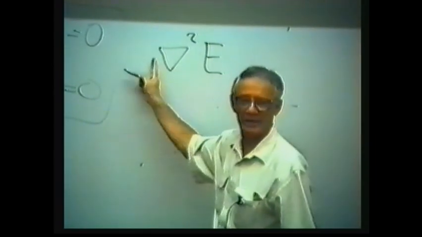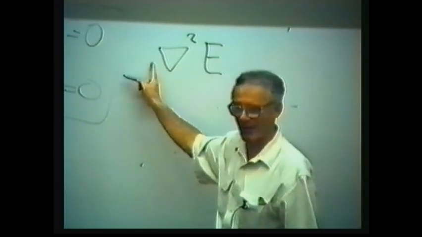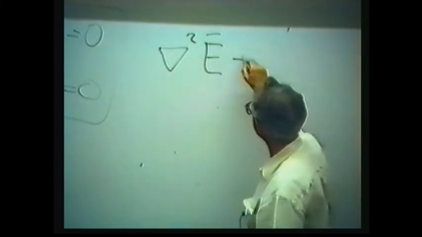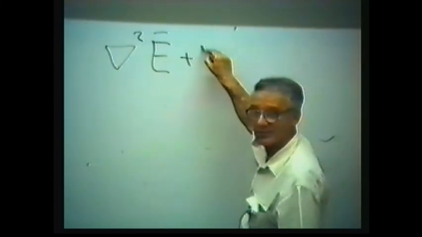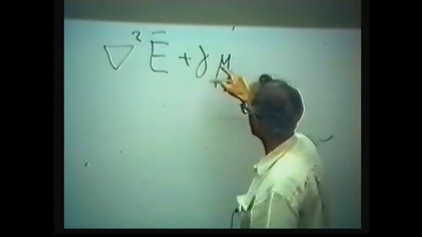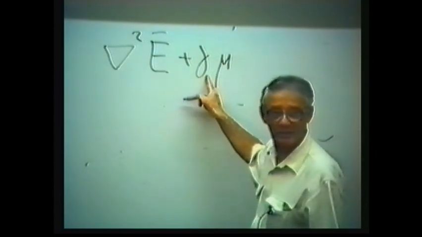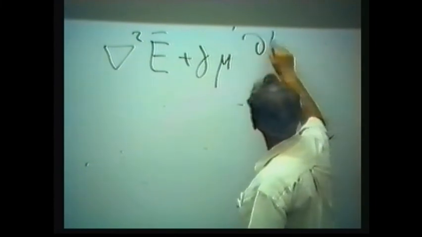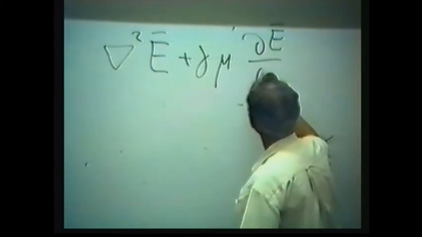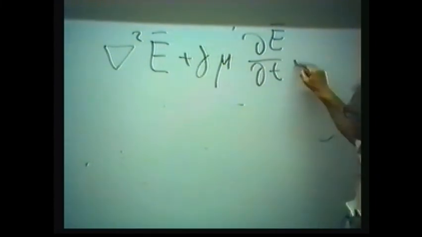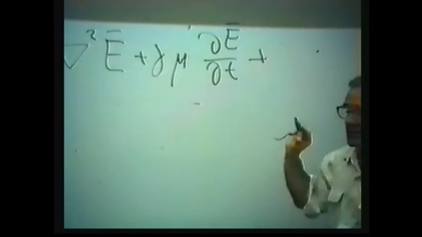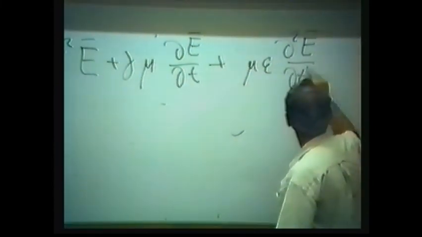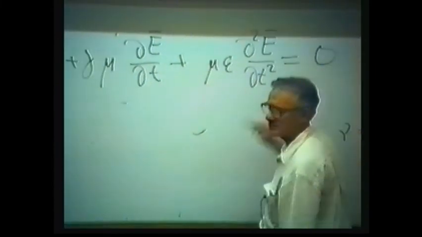Laplacian, I will remind you again what it is, equals plus gamma mu, clear what gamma means? Conductivity, mu magnetic permeability, first derivative, plus mu epsilon, second derivative, equals 0.